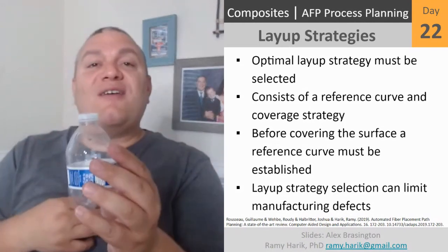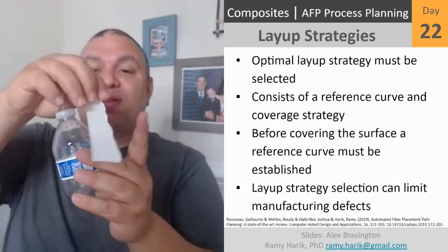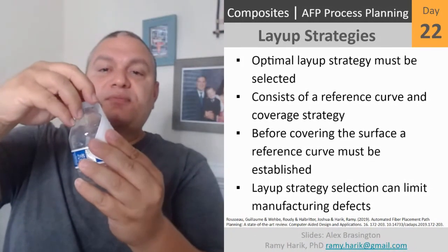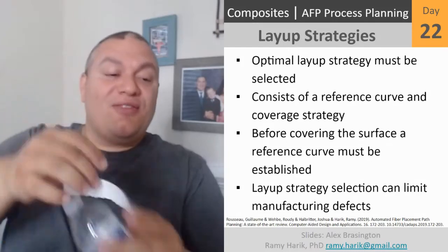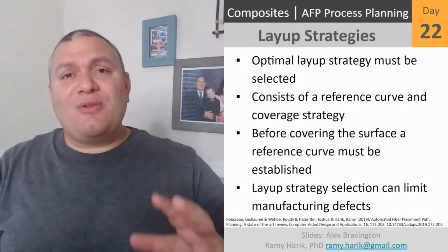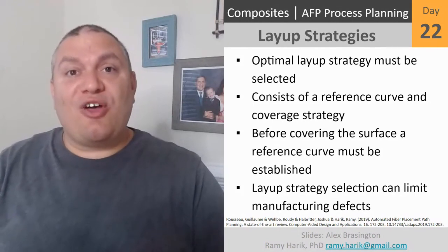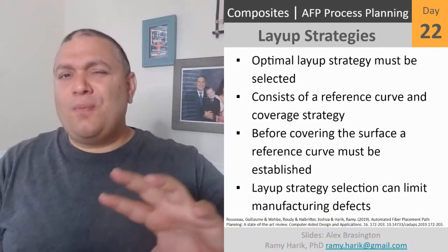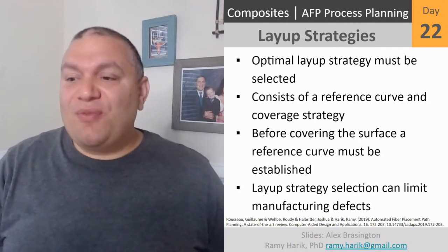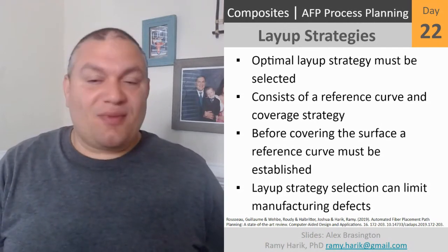If, let's say, you're covering a 45 degree on this water bottle, how would you ensure that, look, I'm doing a 45 degree, look at the bump, at the wrinkle, if you remember AFP defects. So we talk about the layup strategy and we talk about coverage strategy. What does this mean? This will be very clear at the end of today's lecture.